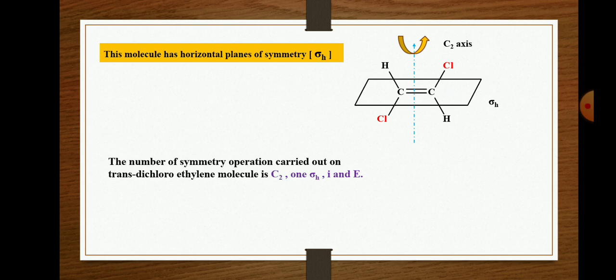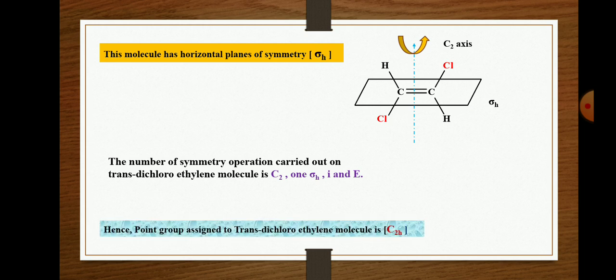Now the symmetry operations carried out on the trans dichloroethylene molecule are C2, 1, sigma h. As you know, it contains a center of inversion, so it is i and E. Always remember, each and every molecule possesses the identity symmetry element or operation.